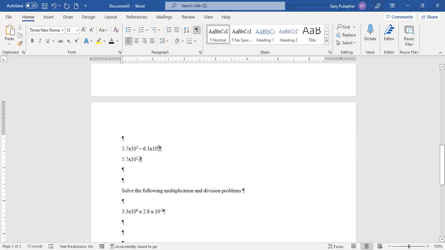So if this got smaller, this has to get bigger, right? So 6.1 or 61. I made that bigger by 1 decimal times 10 to the 5th, because that got smaller by 1 decimal position. All right, so 61 times 10 to the 5th is equal to 6.1 times 10 to the 6th.